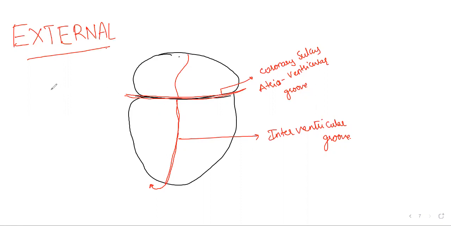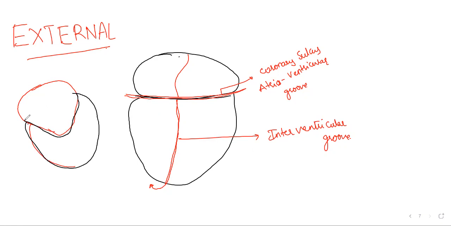So this is about the external features. One more interesting point: the atria have some projection above the ventricles, like a shirt overlapping the pant.